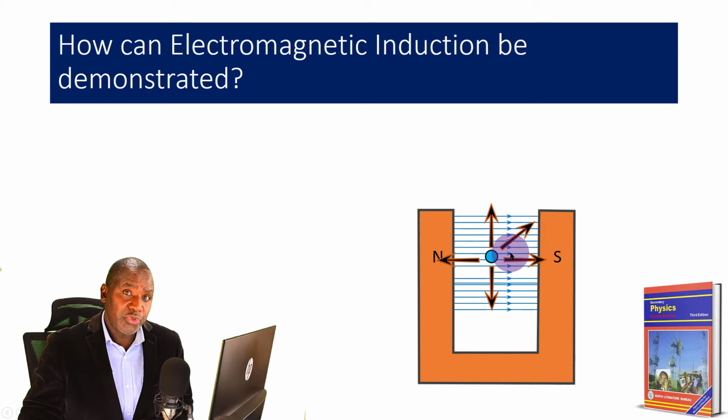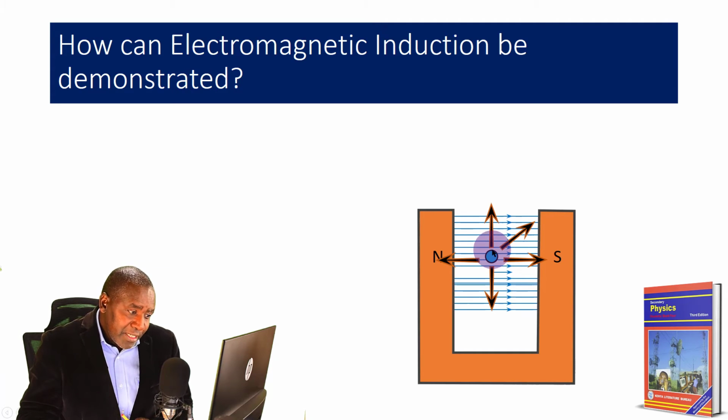So that is what you do. And you notice that there are situations whereby there is induced EMF. So long as you identify a situation whereby when the conductor moves, you can see that it is moving from one line to the next, then it is cutting the magnetic field lines. You can see here. But when it is moving parallel like that, it's not changing the magnetic field lines that it's cutting. There is no change in magnetic flux.